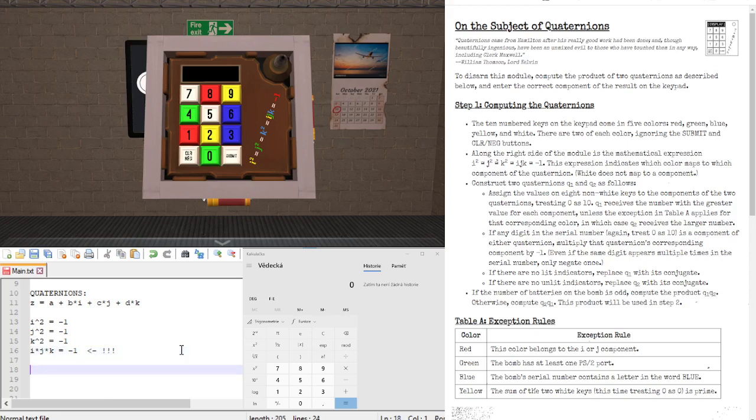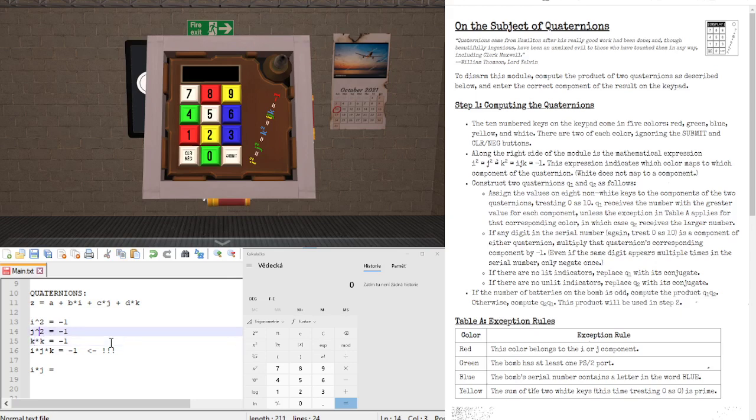So if we want to have a look at what i times j is, then we know that i times j, all times k, because it doesn't matter in which order we multiply, because it's associative, has to yield -1. And what times k is -1? Well, k times k is -1, because k squared is -1.